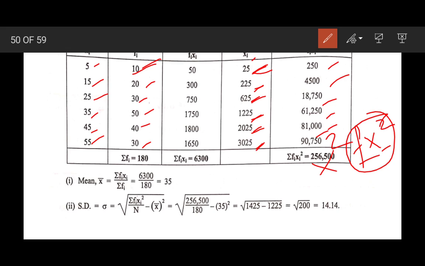Then the total of this column is 2,56,500. After getting this, I'm going to use the formula for standard deviation.